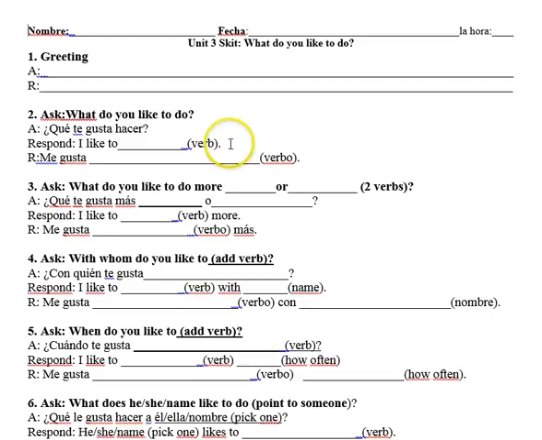So for example, if I'm reading my skit and I had written, would you like to do more, draw or clean? So, ¿qué te gusta más, dibujar o limpiar? But my partner had asked me, would you like to do more, cook or drive?